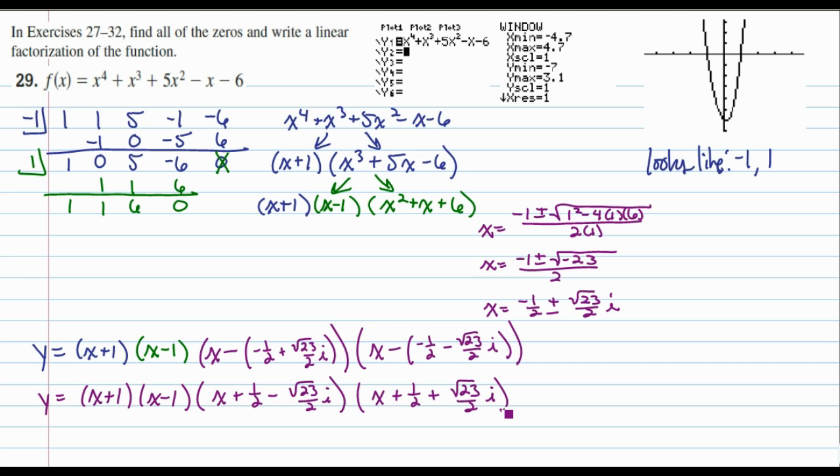Now if you remember from some previous problems, we don't like fractions sitting in our zeros or our factored terms here. So what I'm going to do is factor out a 1/2. Are you ready for this? It's going to be y equals, so this is going to stay the same, x plus 1 times x minus 1.